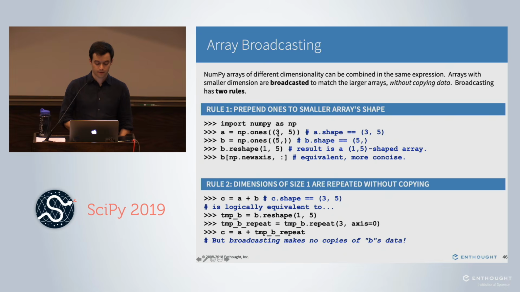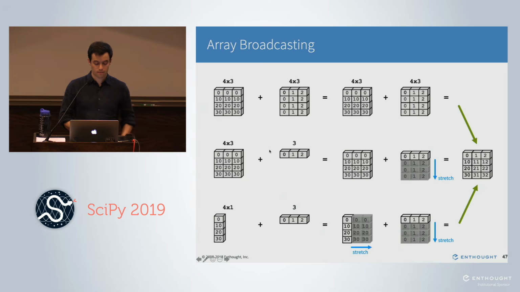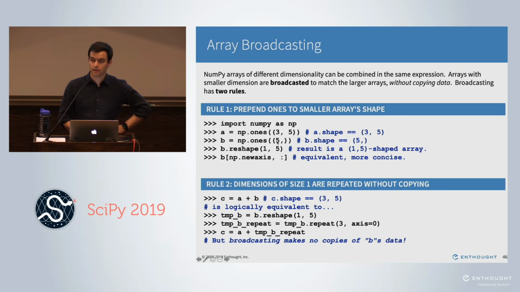So if I have, for example, an array of ones that is 3 by 5, and an array of ones that is a 5 comma, I can prepend a 1 to the 5 comma. So now both of them are 2D. If I can do that, it's fine. And if the two arrays have the same number of dimensions and some of those dimensions are 1, they can be repeated without copying.